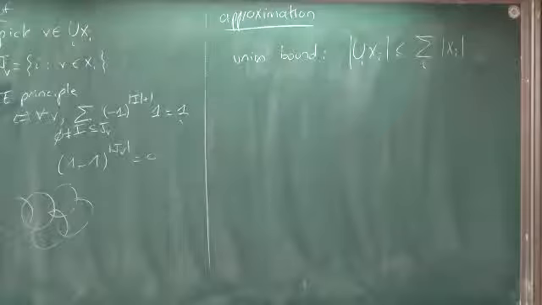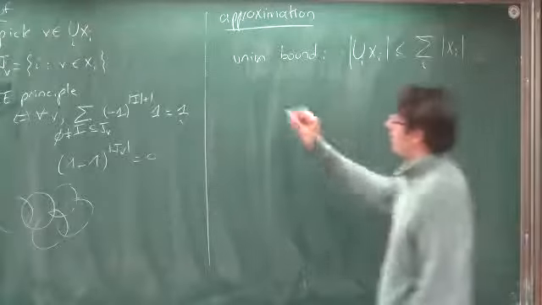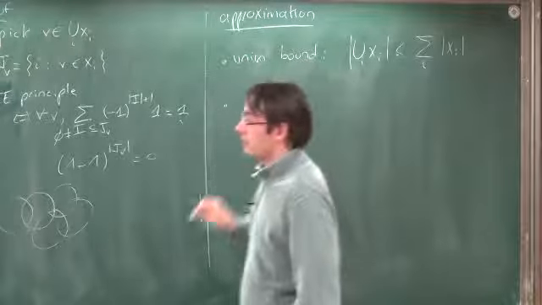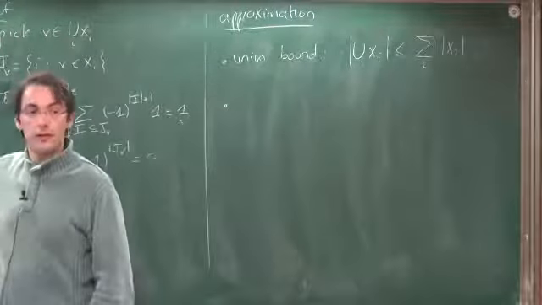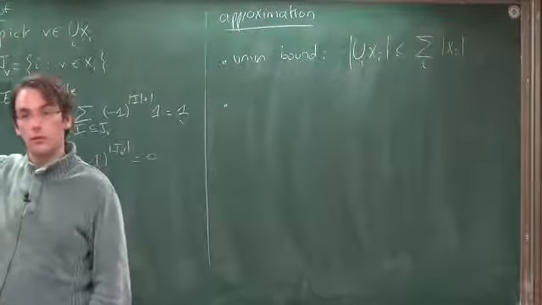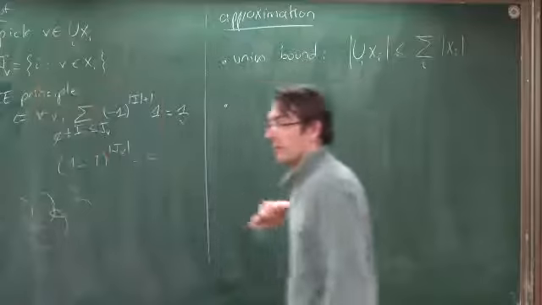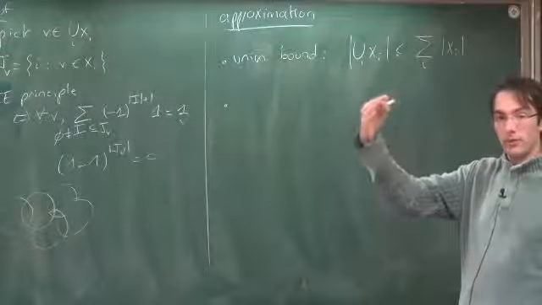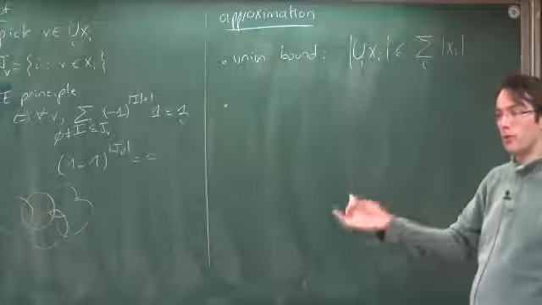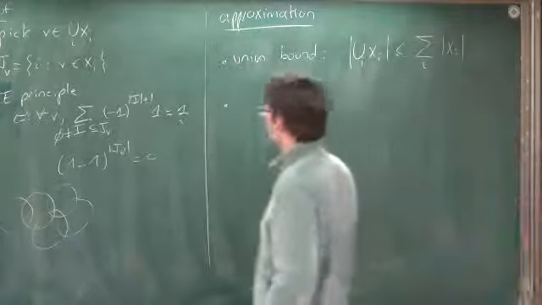Okay. What is the next step? Well, you can simply pick this formula and truncate it at any level you want. And depending on whether you truncate at an even step or an odd step, you get an over approximation or an under approximation.